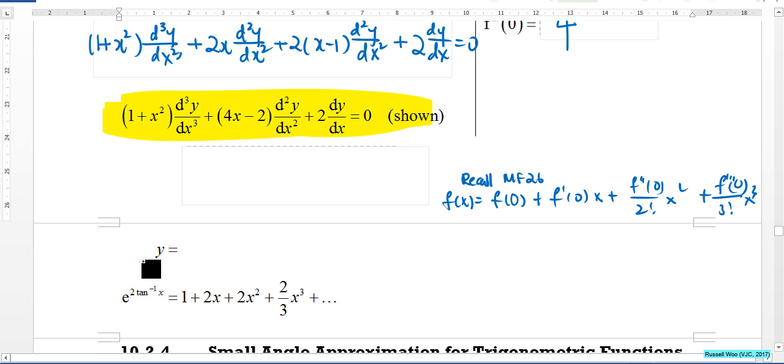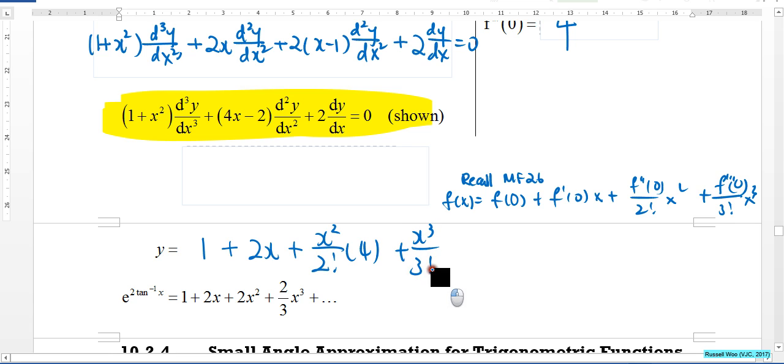So, substitute in, I get 1 plus 2x plus x squared over 2 factorial times 4 plus x cubed over 3 factorial times 4. Don't forget your plus dot dot dot because it's a never ending series. Alright? Take the answer.